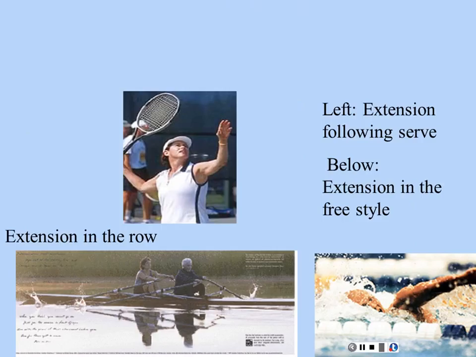And here's just a couple more. I think you guys can picture the extension. So she's in an externally rotated position here. When you row, you go into extension, and he's going into extension here.